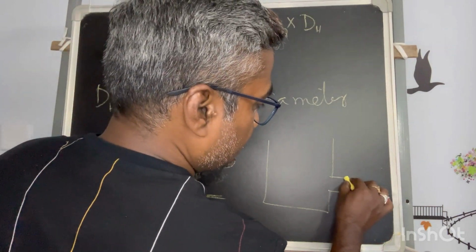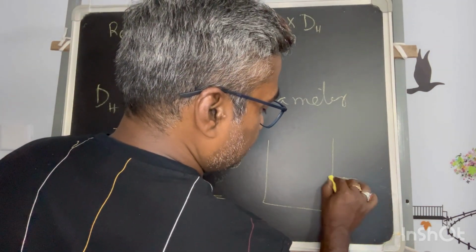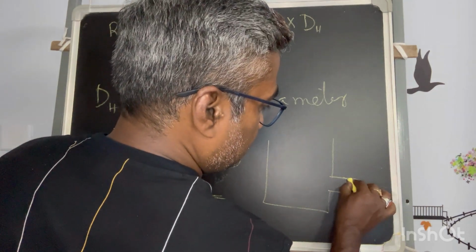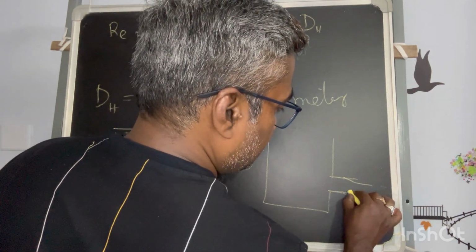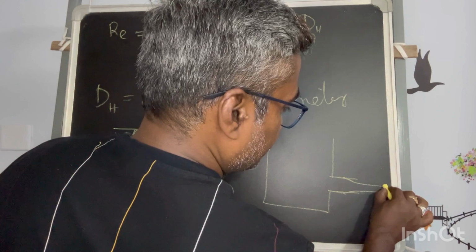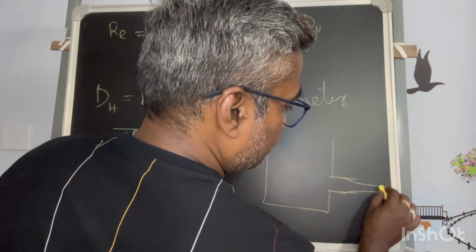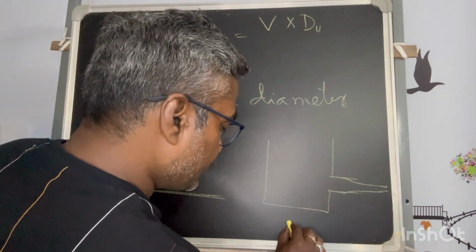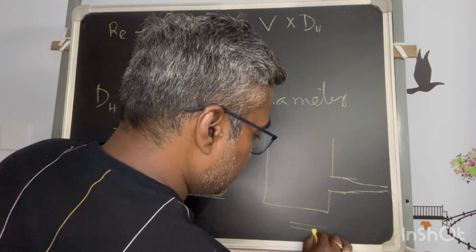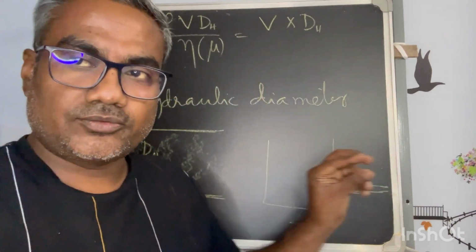Then later on, due to the frictional force or the viscosity, it will take a bit less diameter shape, and slowly it will flow through a narrow flow path.